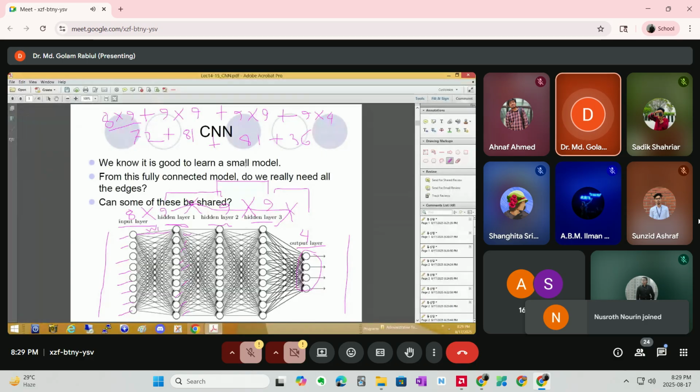And that weight must be learned. That means in each and every iteration, we will change the weights. That's why those are called the learning parameters.